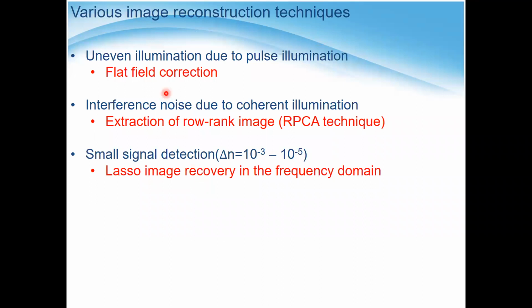So we use several different image reconstruction techniques, and I'm going to briefly explain three of them. One of them: since we are using pulse illumination, as I mentioned, the pulse is very fluctuating for each pulse, and also inside the pulse there is inhomogeneous light intensity inside the beam itself. In this case, we use flat field correction.